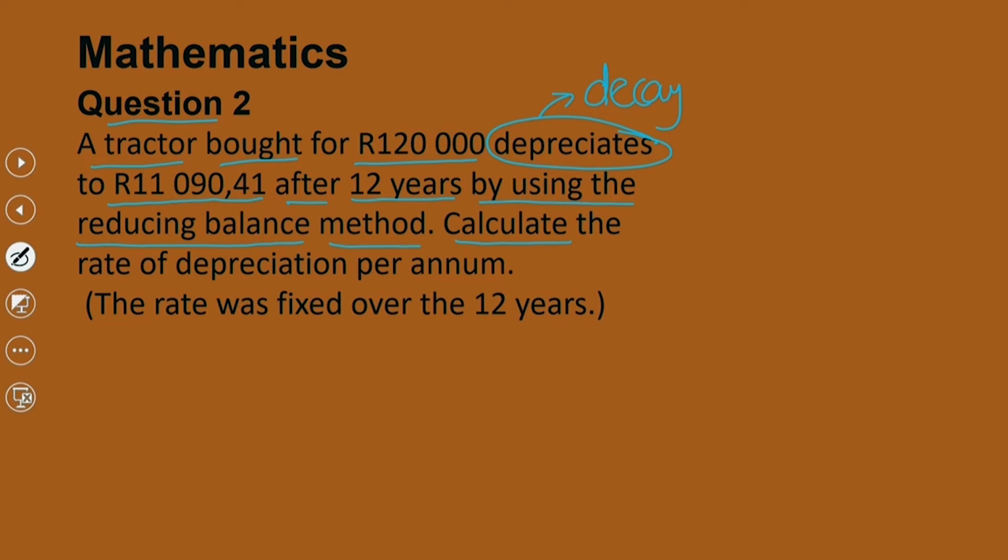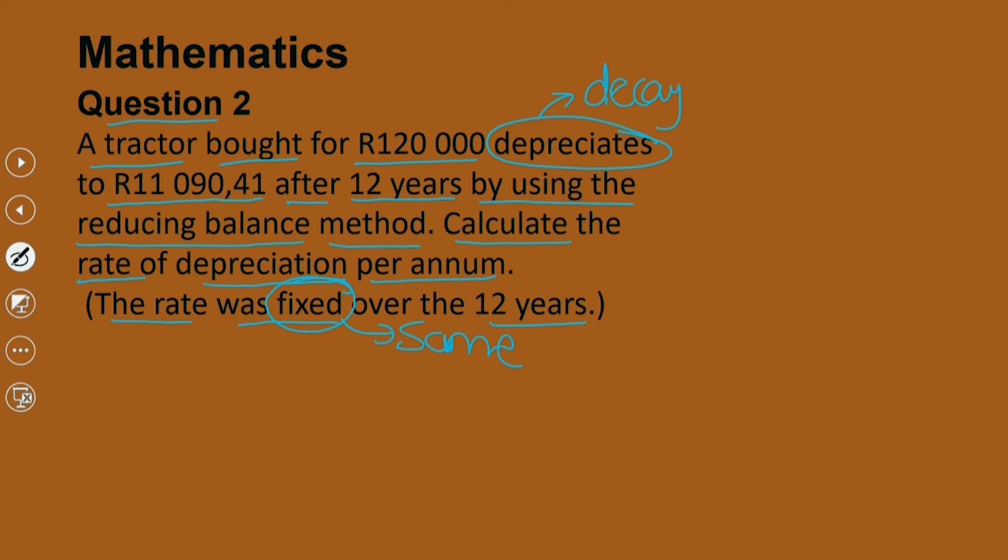Calculate the rate of depreciation per annum. So now they say the rate was fixed over 12 years. This simply means that the rate did not increase nor decrease. It remained the same. Are we together?